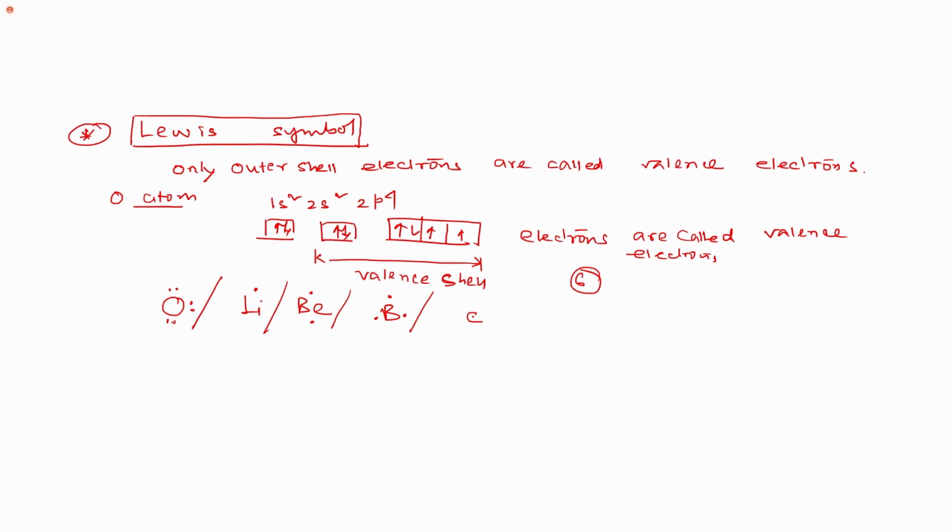Carbon has 4 valence shell electrons, so the Lewis symbol will be like that. Nitrogen has 5 electrons, so it will be like that. In this way, you first have to know the Lewis symbols for the atoms. After that, there is some significance of the Lewis symbol.